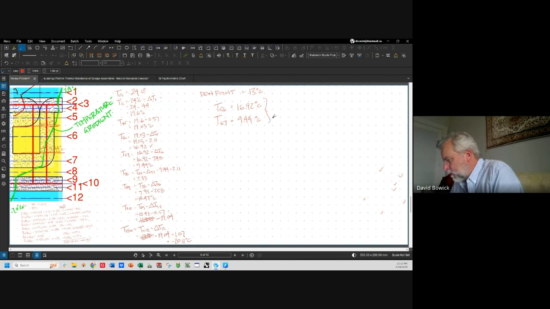And then delta T at layer 6 equals 7.48 degrees.